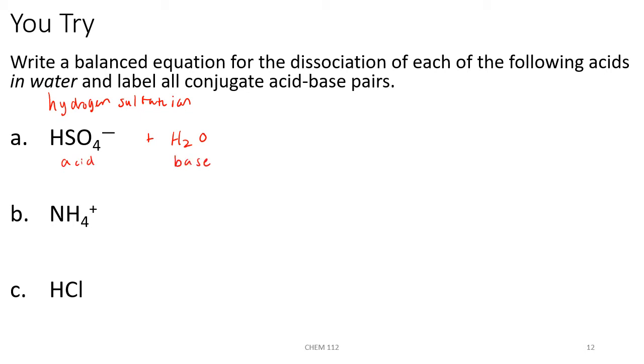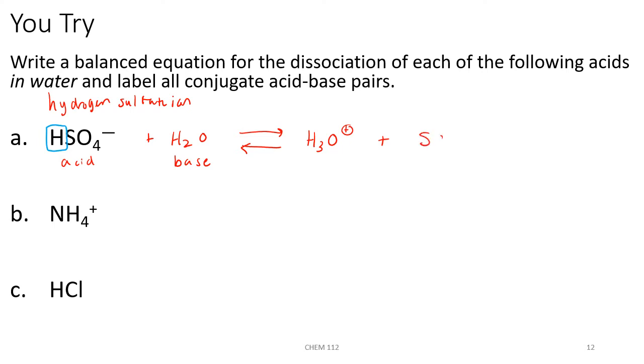And HSO4- is not on our list of strong acids, so it must be weak. So we'll use double arrows. Water will grab a proton from the hydrogen sulfate ion and form hydronium. Plus, when HSO4- loses a proton, it already had a minus charge, but remember that lone pair of electrons stays with the anion portion.